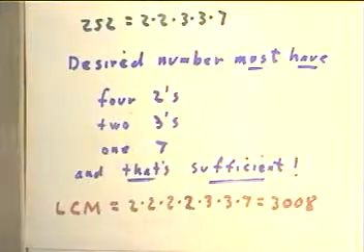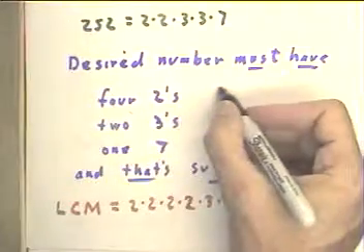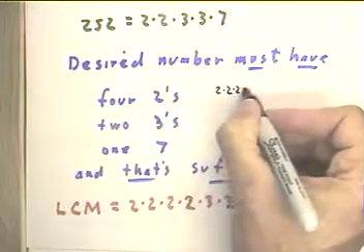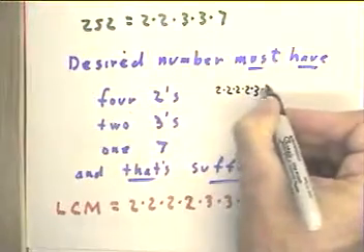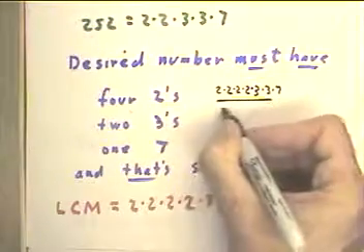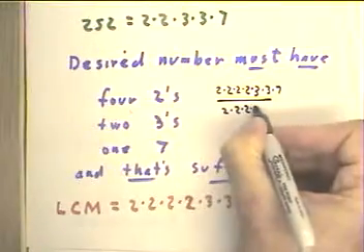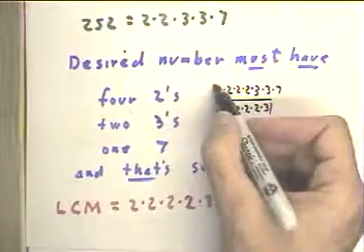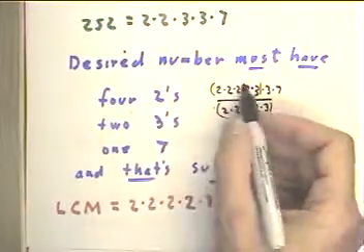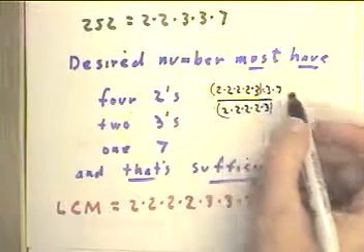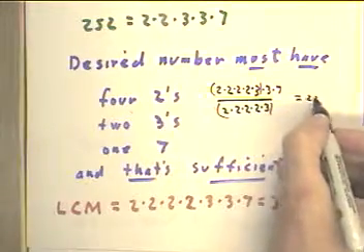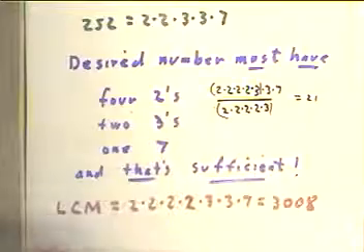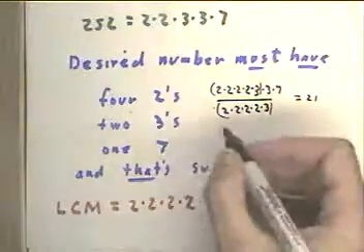If we look at the prime factorization, if we've got 4 2's, 2 3's, and a 7, and try to divide it by 48, we'll be able to group these numbers, and we'll be able to group these numbers, divide these out. That gives us 1 times 21. So this number divided by 48 is 21.